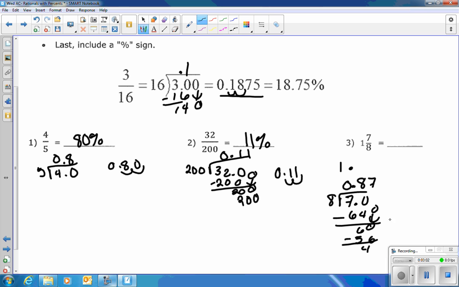So you have 4 left over. Bring down your 0. 8 goes into 40 5 times. So it's 1.875. Move your decimal over twice, and it's going to be 187.5%.